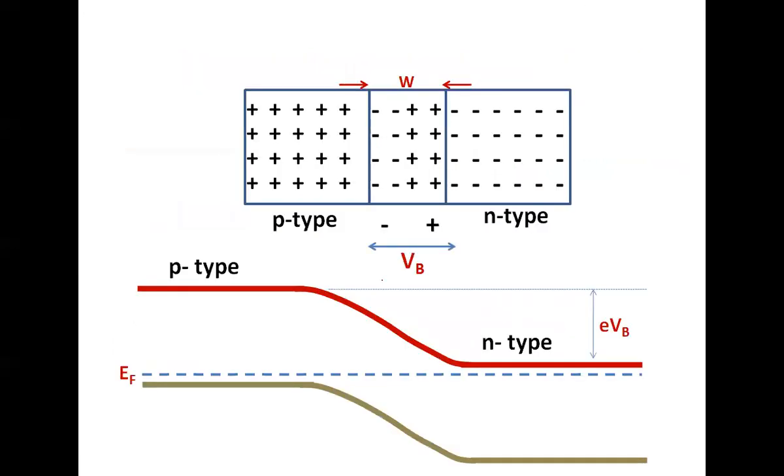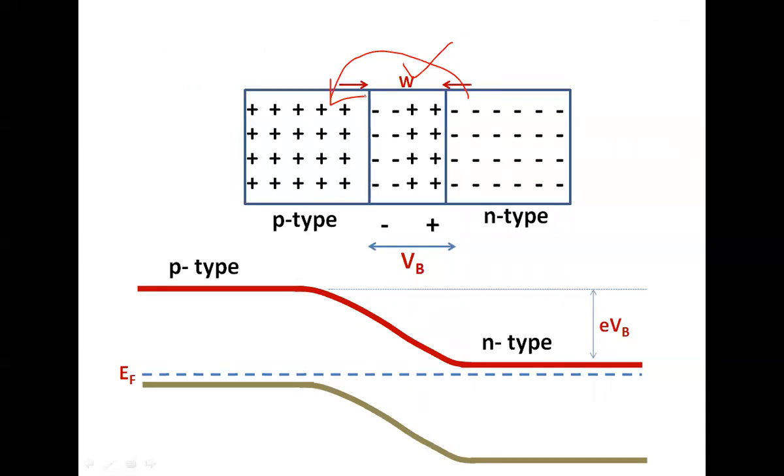Now let us take, once we join p-type material and n-type material together, we have already seen there will be a formation of a p-n junction. This p-n junction is formed because of diffusion of electrons from n region to p region, because of the existence of a concentration gradient of electrons.